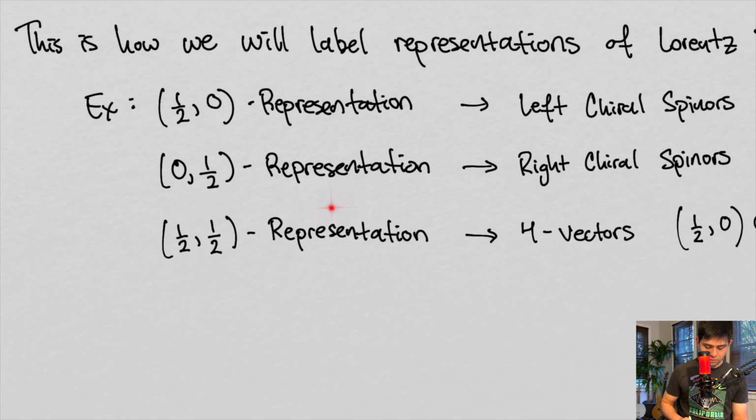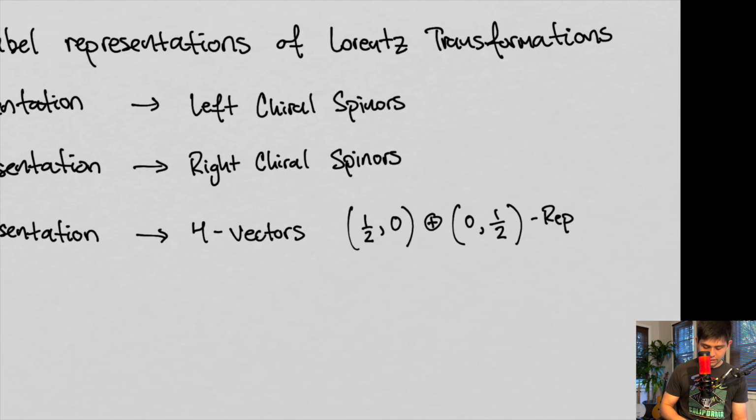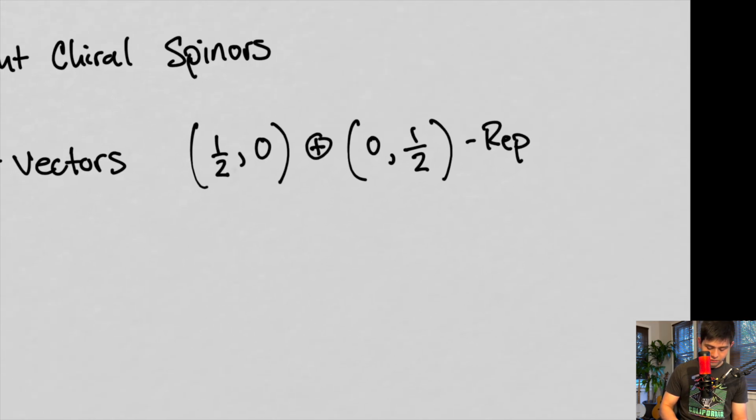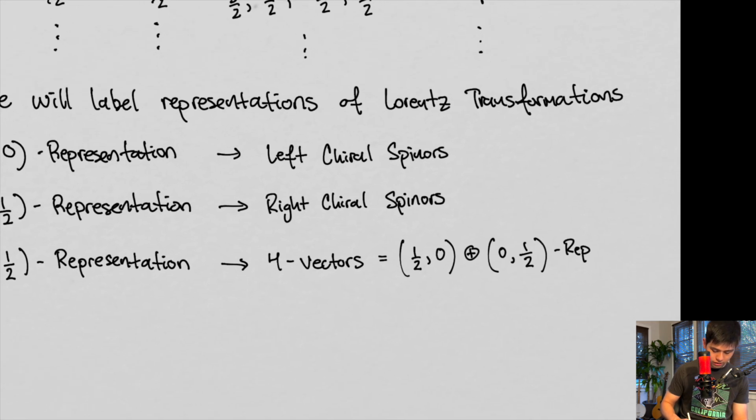But what we're going to realize is that they are actually combinations of these two representations here, right? And so a notation that you'll come across looks like this, where there's essentially an equality sign right here not between the 4 vectors, but here, I'll write it like this.